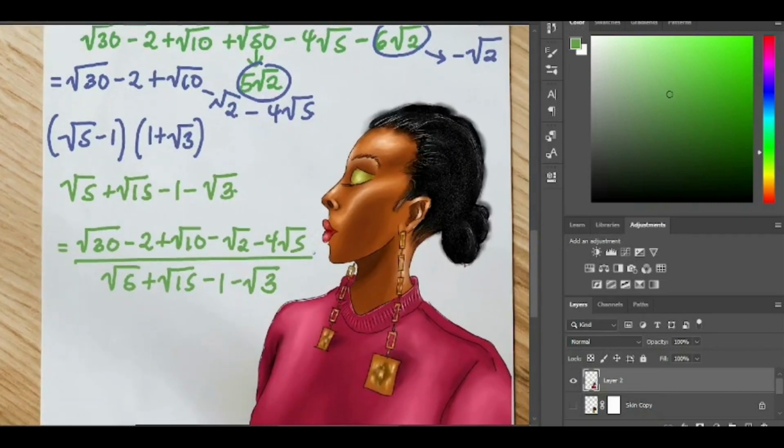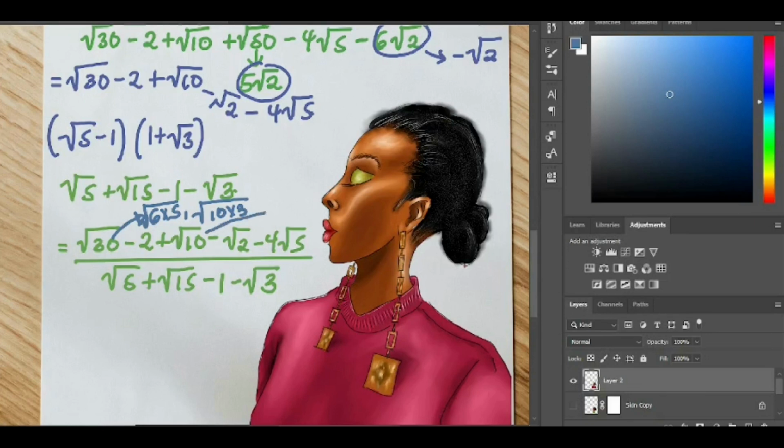So this is going to be the simplest form I can go in terms of surds, because when I look at this 30, this is the same as 6 times 5, which I can't get the root of any. It's also the same as 10 times 3, which I can't get the root of any.